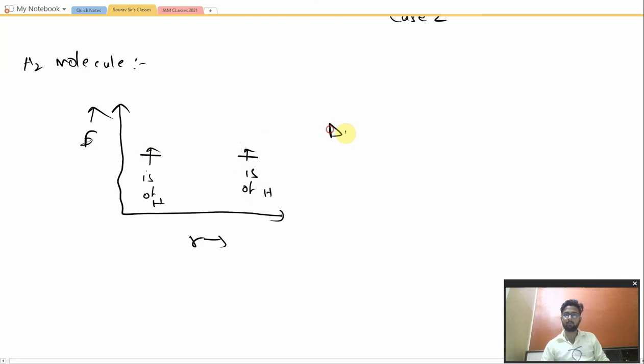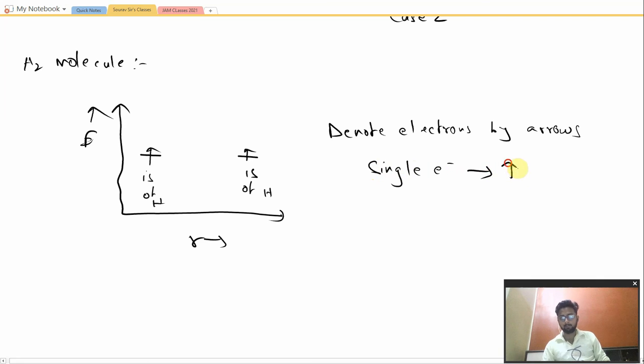We denote electrons by arrows. Okay. A single electron means one upward facing arrow, and a pair of electrons means this kind of simultaneous upward and downward arrow. Okay.